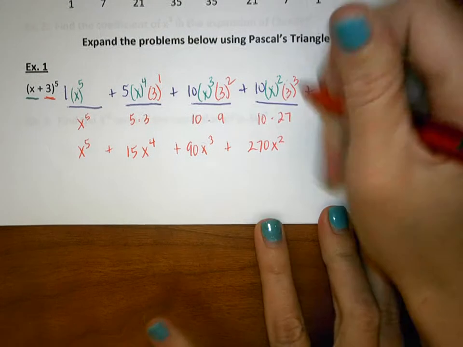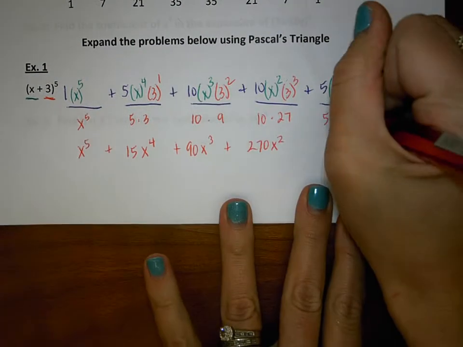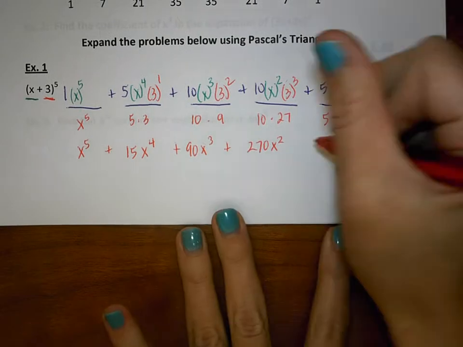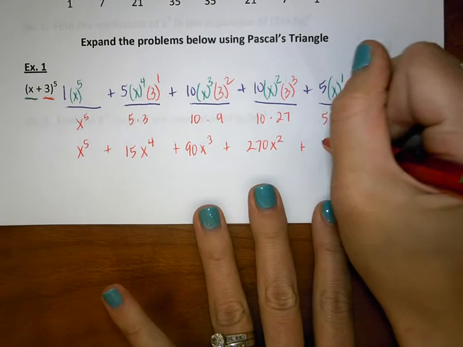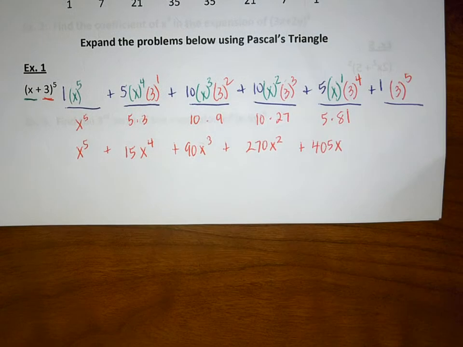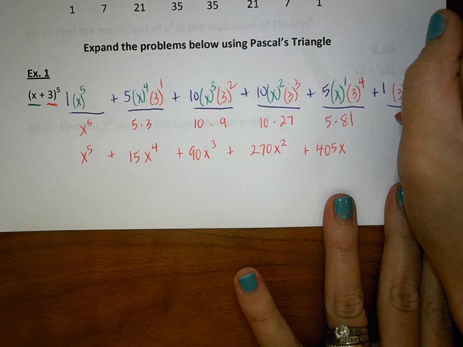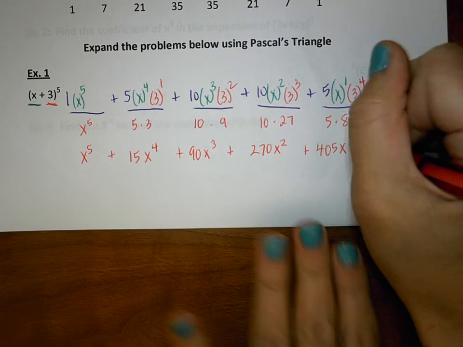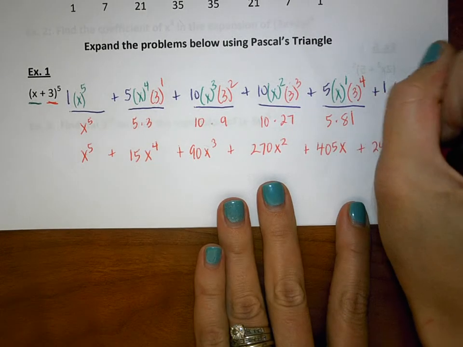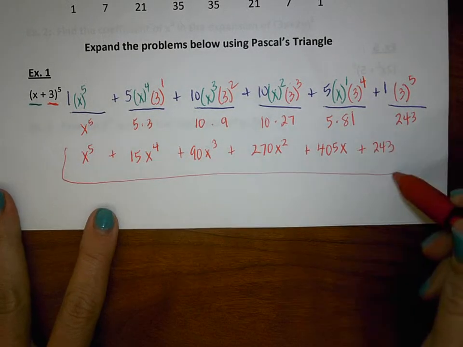Here I have 5 times, and what's 3 to the 4th? Good, so 5 times 81 is 405, and then that's x. And then 3 to the 5th is 243, very good. And 243 times 1 is just 243. So this ends up being my final answer.